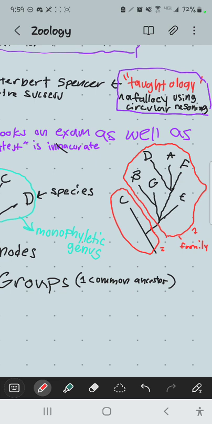How about this one? This one looks pretty good. Here, this would be a natural genus, right? And then maybe this would be a genus here, or, depending on what your interpretations are, you might decide to treat C separately. All in all, it's your judgment call. There's a genus and there's a genus, and maybe C is its own genus on that one.